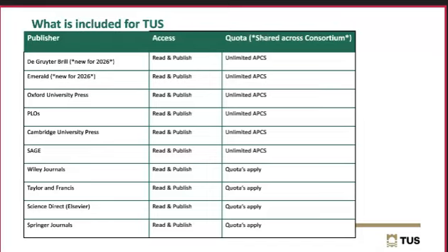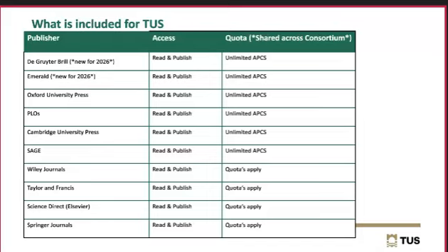What is included for TUS? You can see here there's a list of publishers in this PowerPoint. These are TUS read and publish agreements with 10 publishers. They provide both access to journal content and the opportunity to publish gold open access without paying APCs where funding is available. Some agreements have an annual APC quota shared across the consortium.